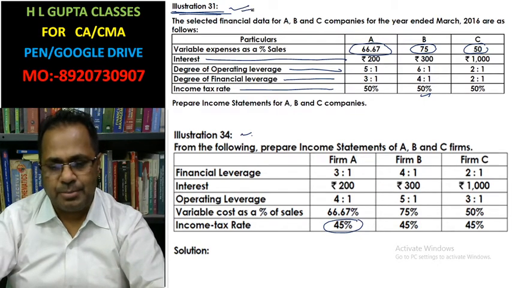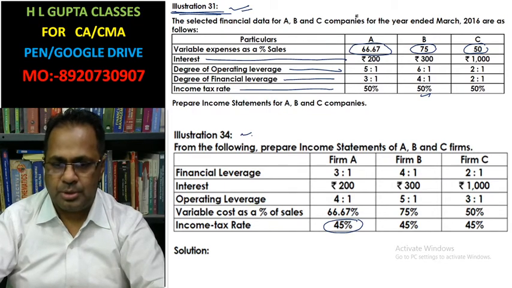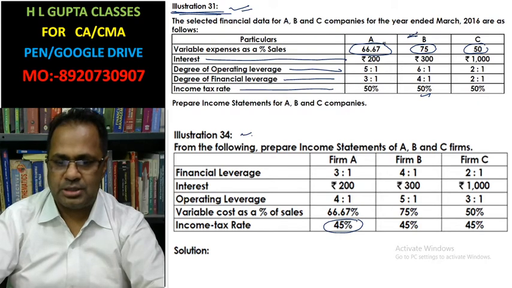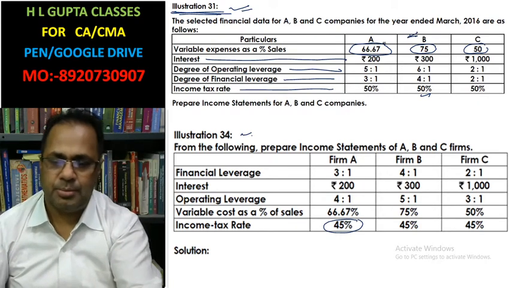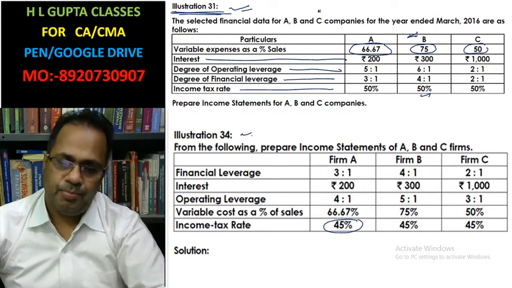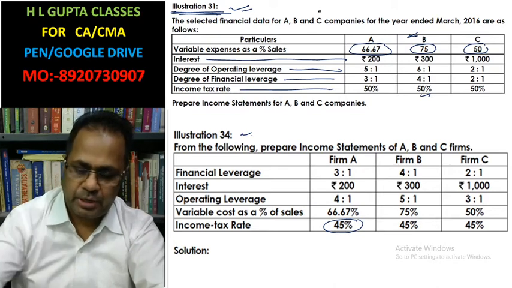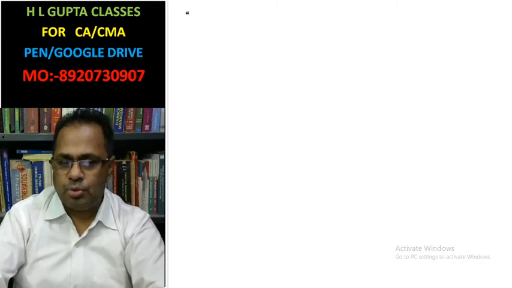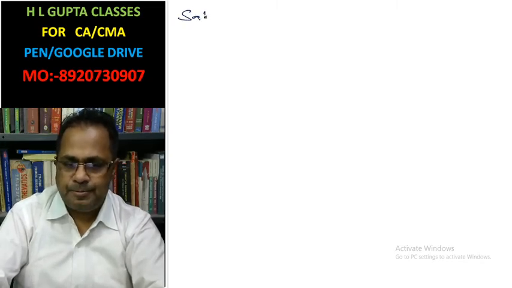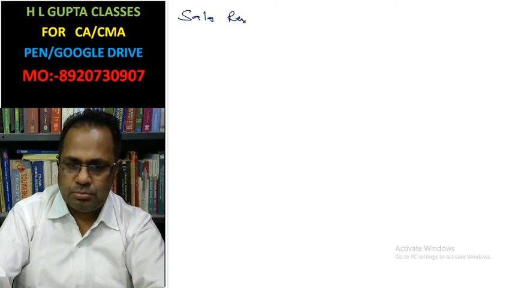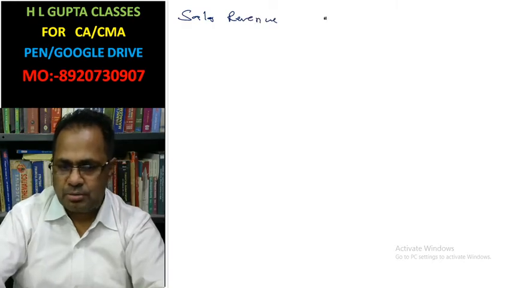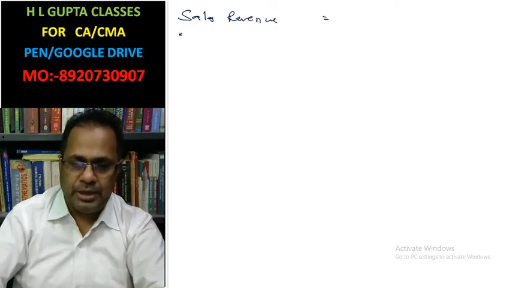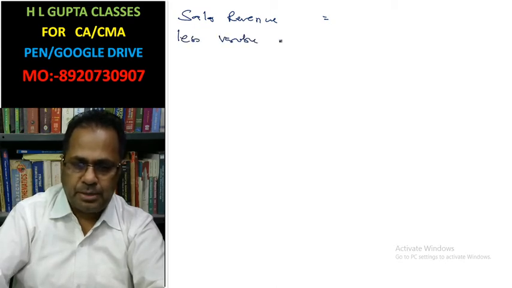In the income statement you have to make, so I am going to solve question B. Look at illustration B and you will do A and C yourself, as well as question number 34. In the income statement you have to calculate sales revenue, less variable cost.